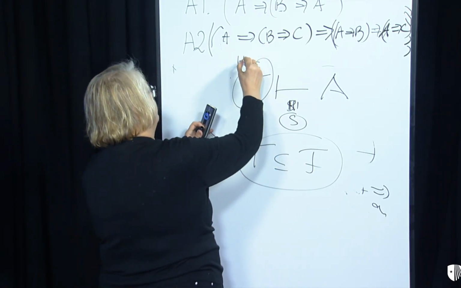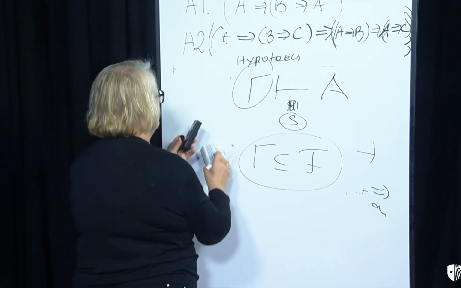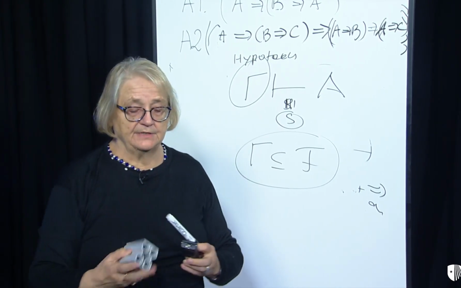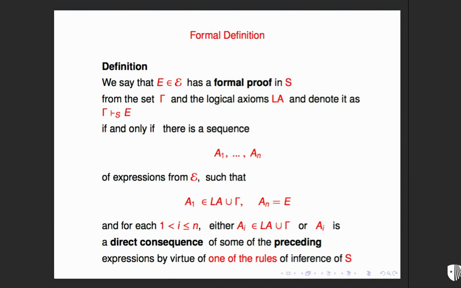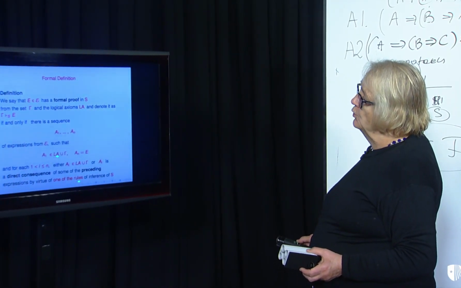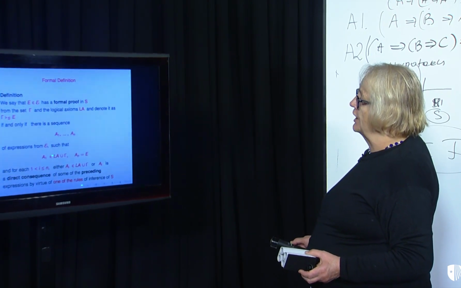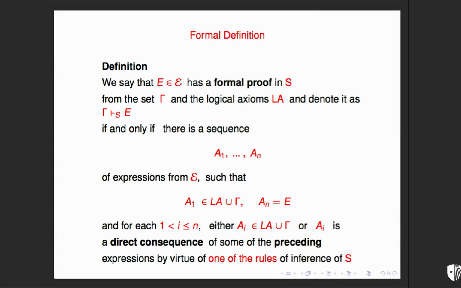That is called the proof from hypothesis. Roughly speaking, here is the definition: the formal proof is just a proof, but what we now have is that at each step of the proof, you can use logical axioms or formulas from that gamma.